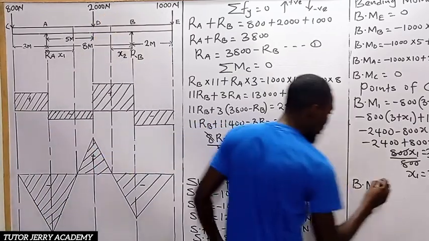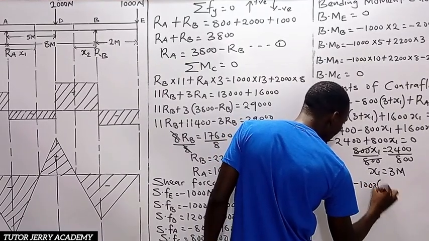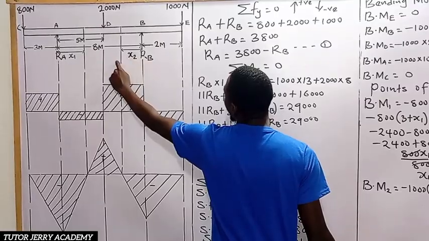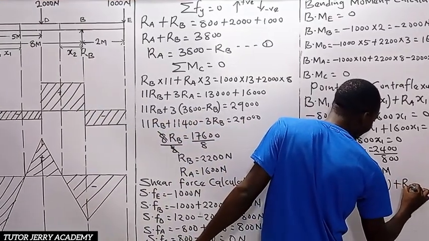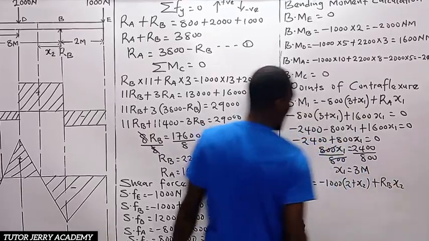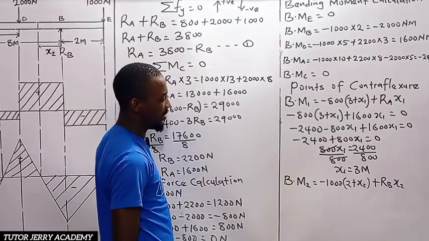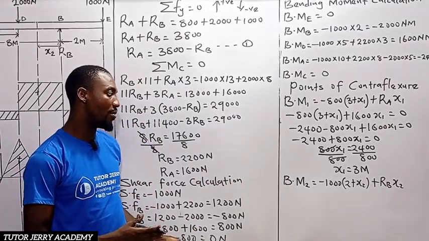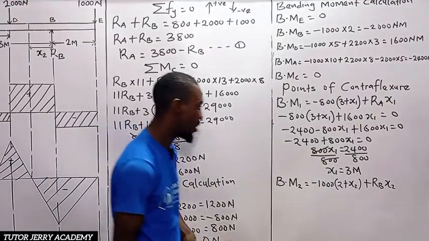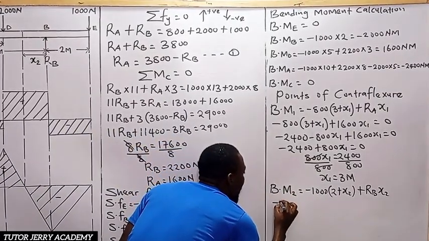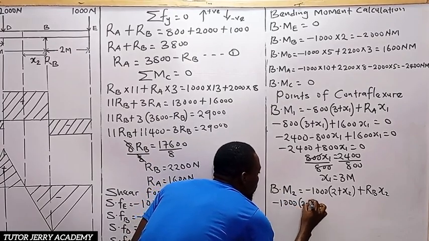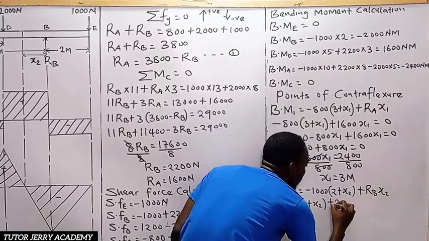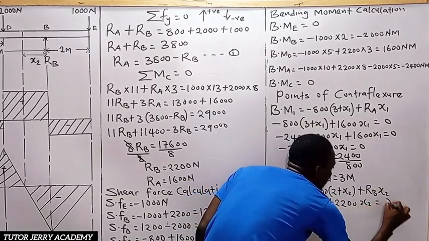So minus 1000 into 2 plus S2, plus the reaction at B multiplied by S2. Don't forget, our bending moment at this point 2 will also be equal to 0, because we said the point of contraflexure is the point where bending moment is equal to 0 as it changes its sign. So we have negative 1000 into 2 plus S2 plus our RB, which is 2200, S2 equals 0.